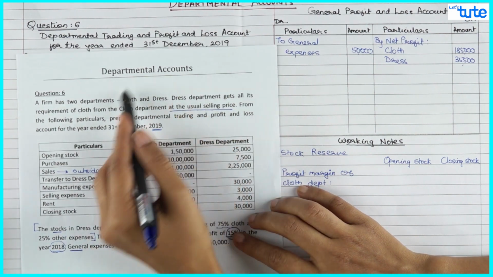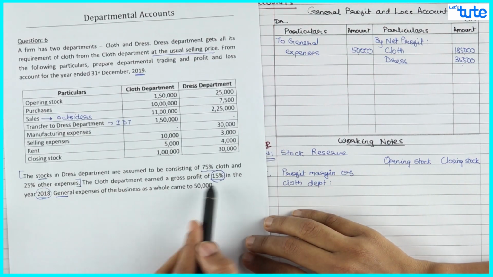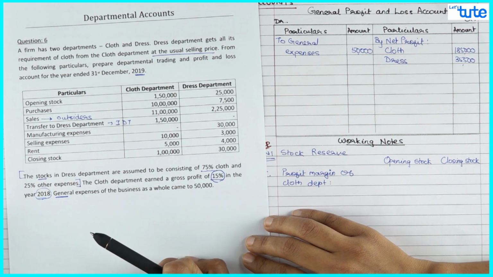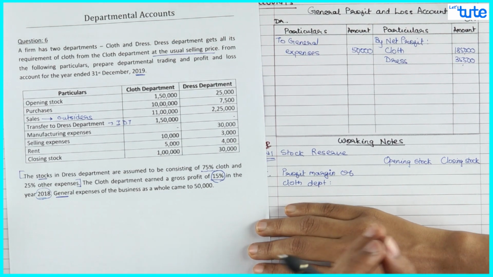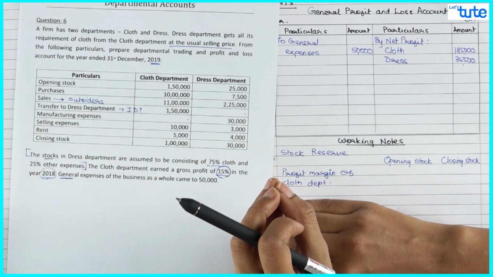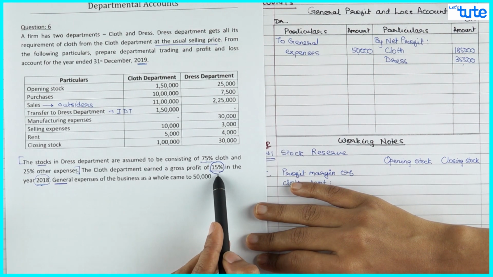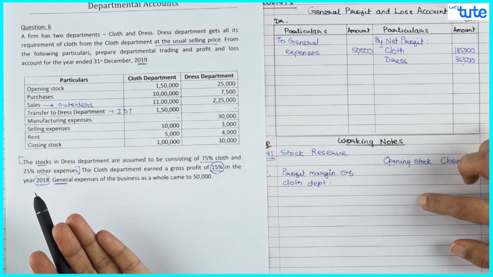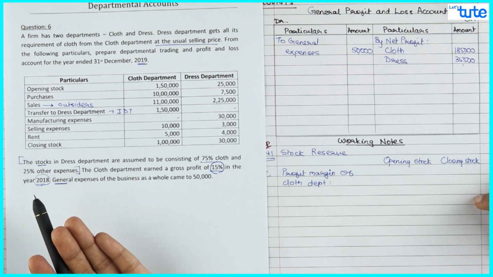Do they have specified any profit margin over here? Yes, they have specified 15% for last year, but they have not specified any profit margin for the current year. In case we don't have any data for the current year, we assume that the profit margin also remains constant. We would apply 15% for last year's closing stock, that is current year's opening stock, and 15% for current year's closing stock also.